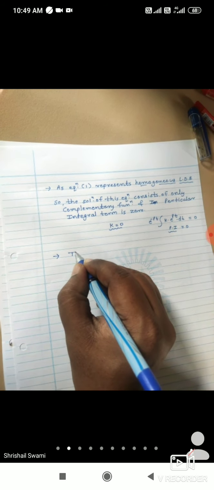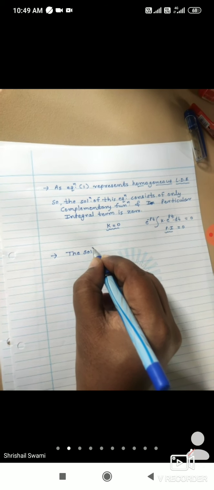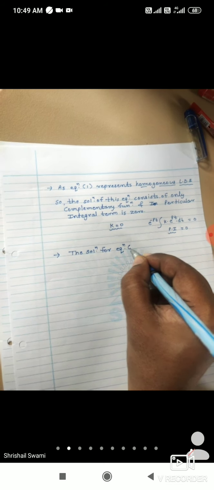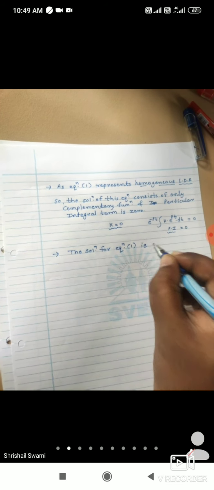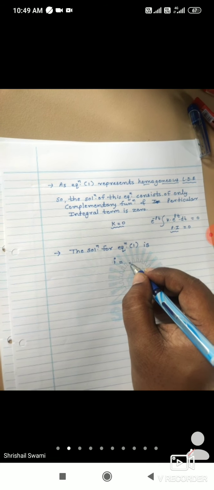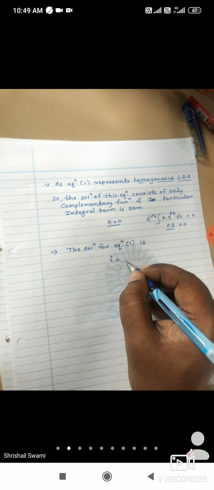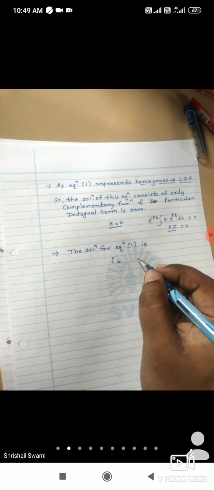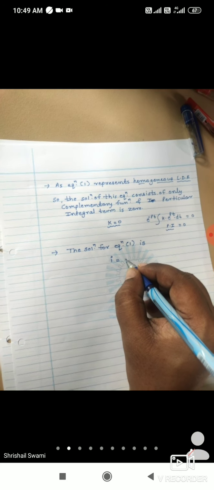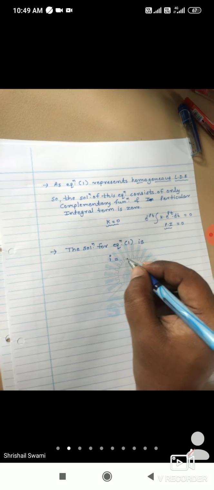Therefore, I will write the solution for equation 1 as I equal to, now instead of c, there will be confusion between the arbitrary constant and capacitance. So instead of that, I will consider a new variable.